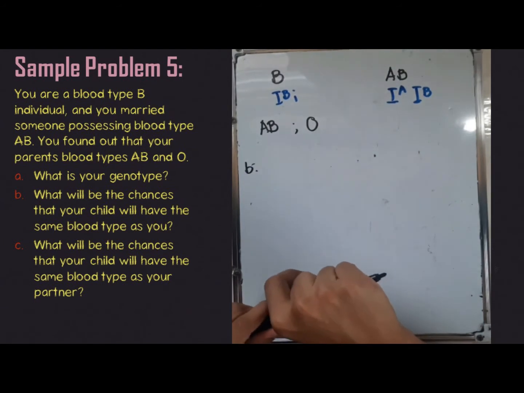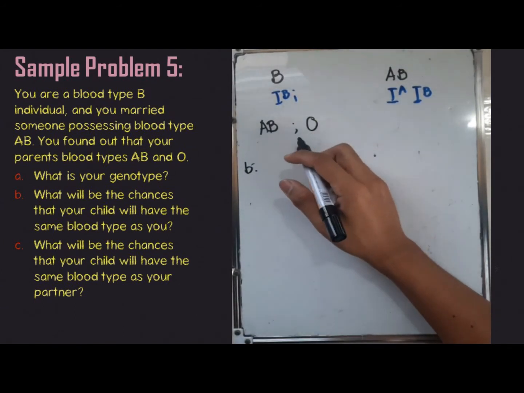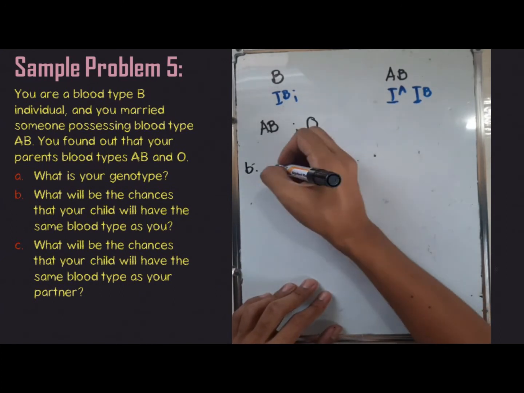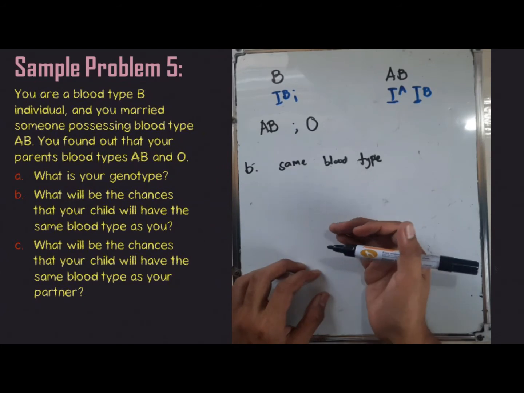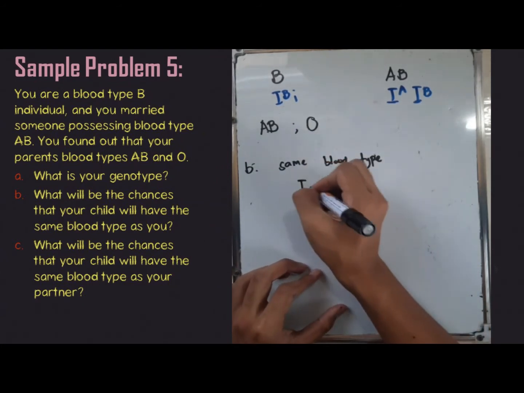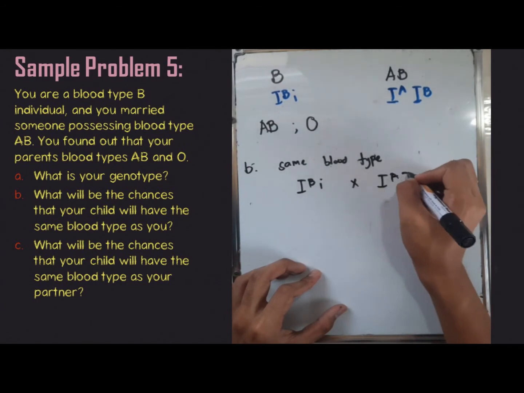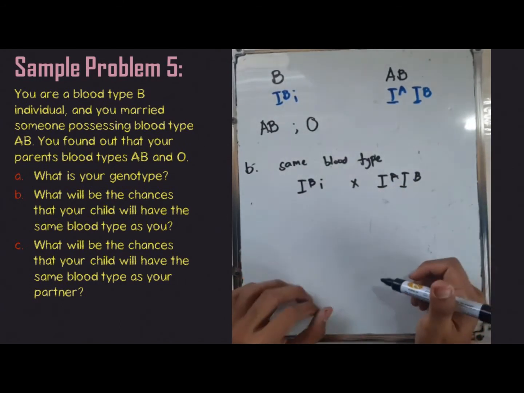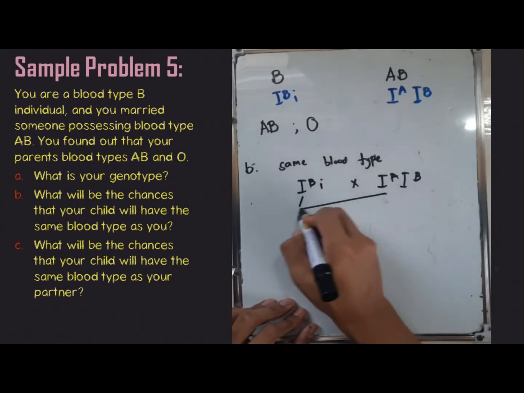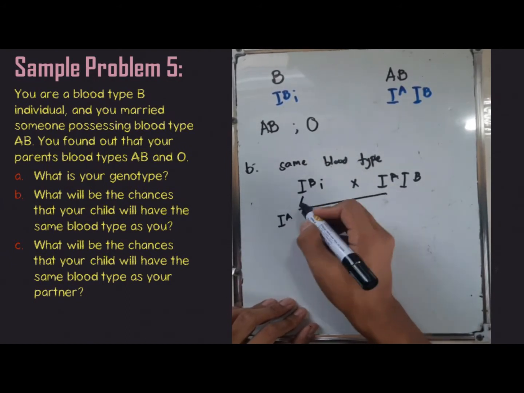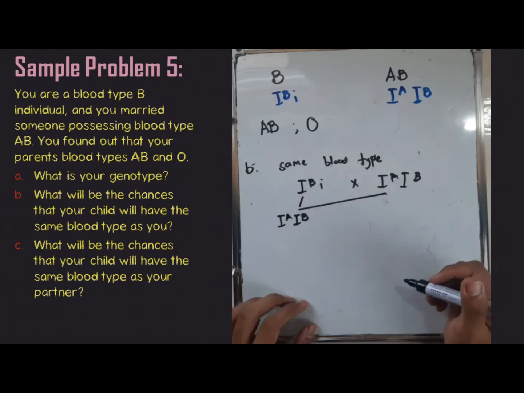Now let's proceed with problem letter B. According to problem letter B, what would be the chance that your child would have the same blood type as you? Okay? To determine this answer, we are going to do a test cross, in which we cross your genotype with the genotype of your partner. Okay? If we do the test cross, the first one is blood type AB.